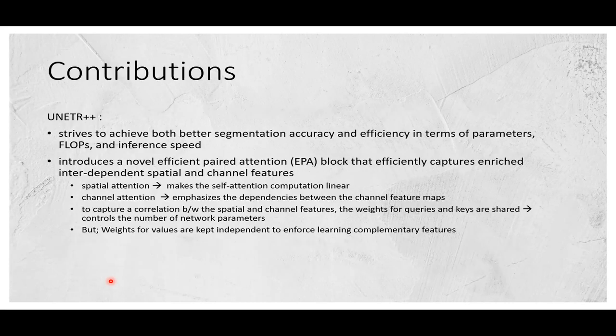So in this work, we want to simultaneously improve both segmentation accuracy and model efficiency in terms of parameters, FLOPs, and inference speed, in a single unified framework. So we propose UNETR++, which is built on the UNETR framework and introduces a novel efficient paired attention block, EPA, that efficiently learns spatial and channel-wise discriminative features using a pair of interdependent branches based on spatial and channel attention.